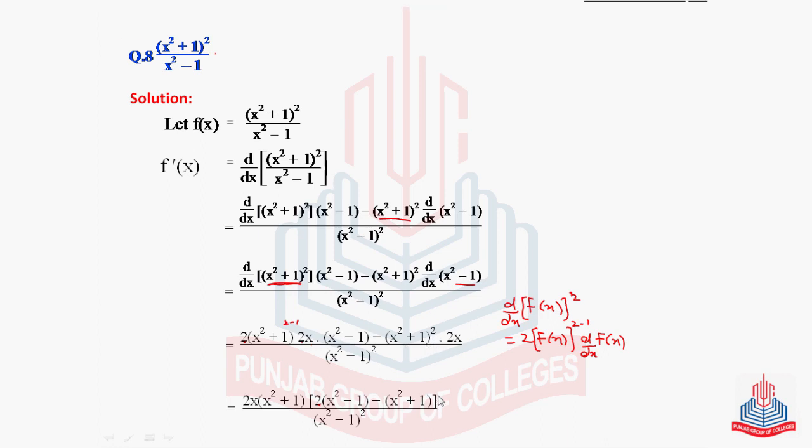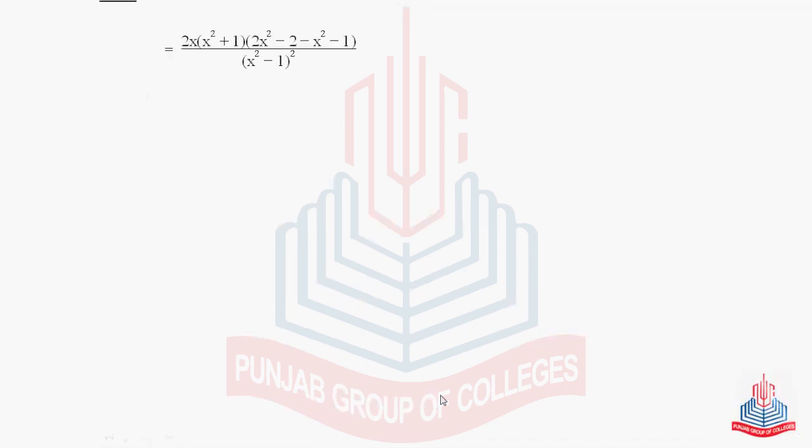So after simplification, the left side is f prime of x. 2x into x square plus 1 was the common factor, and the inner portion will be 2x square minus 2 minus x square minus 1. So again this thing will be as it is, and 2x square minus x square will be x square, and minus 2 minus 1 will be minus 3, and the denominator again will be as it is. So this one is actually our required derivative of the given question.